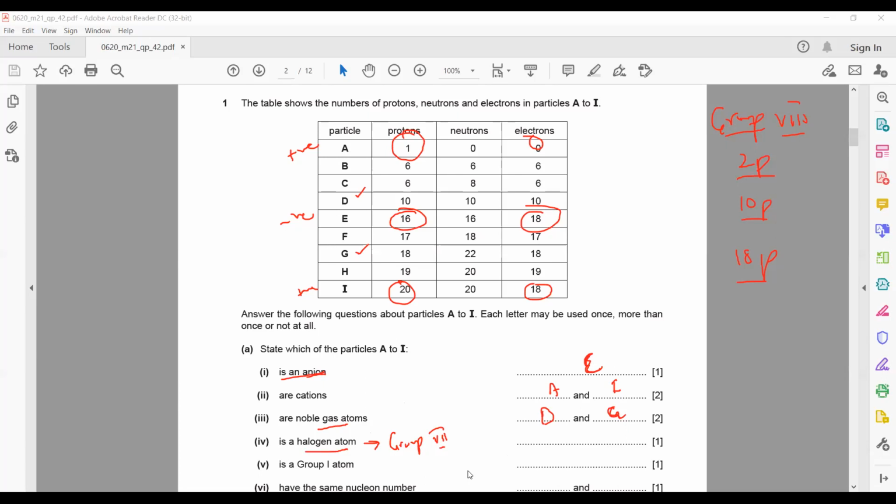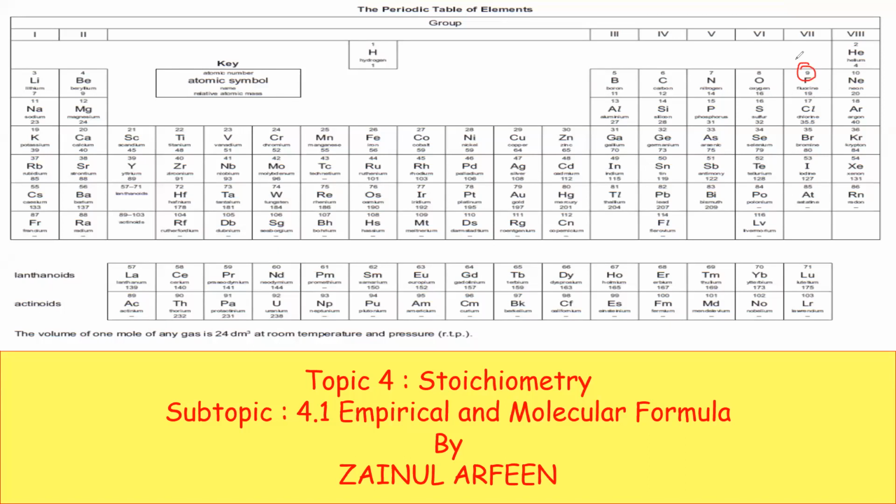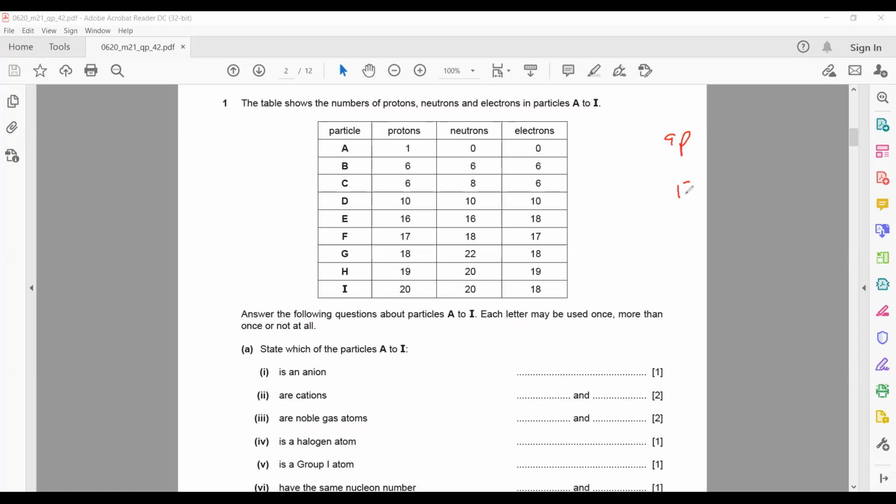Group 7 elements, fluorine, can have 9 protons, 17 protons, 35 protons, 53 protons and so on. So there is no 9 proton element, there is an element of 17 protons and there is no 35. So that's why it is F.